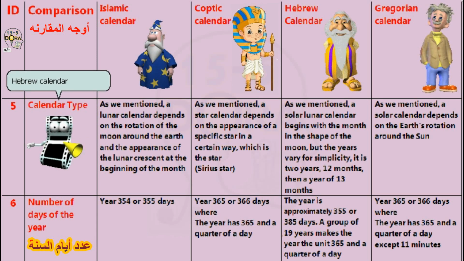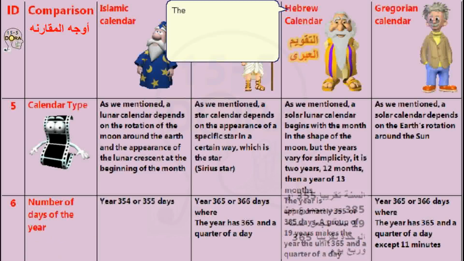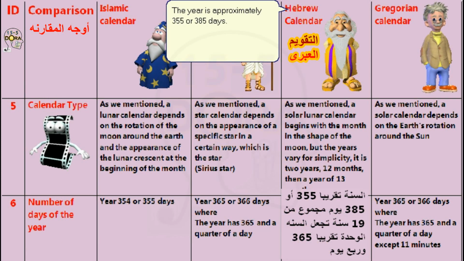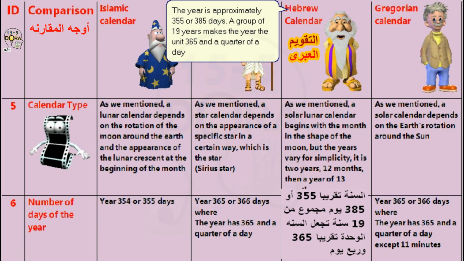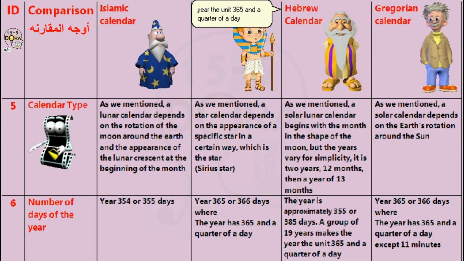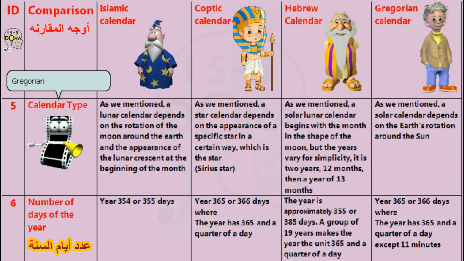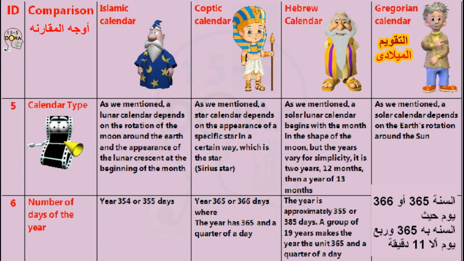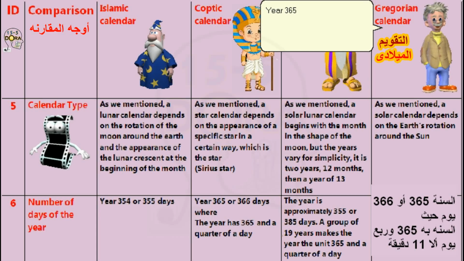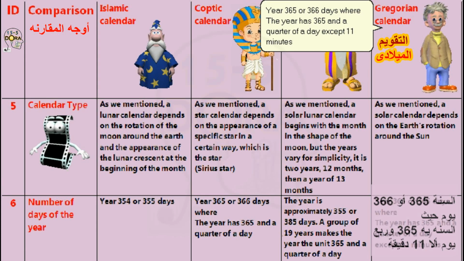Hebrew calendar: the year is approximately 355 or 385 days. A group of 19 years makes the year unit 365 and a quarter of a day. Gregorian calendar: the year is 365 or 366 days, where the year has 365 and a quarter of a day except 11 minutes.